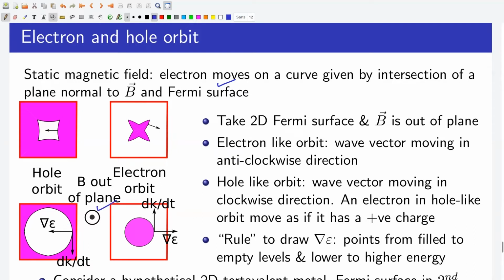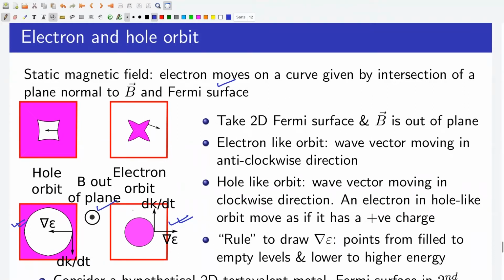In these figures, the shaded regions are occupied and the unshaded regions are unoccupied states. The closed orbits in this figure and in this figure are traversed in opposite directions. Since particles having opposite charge orbit in a magnetic field in opposite sense, we call this orbit as electron-like and this orbit as hole-like.